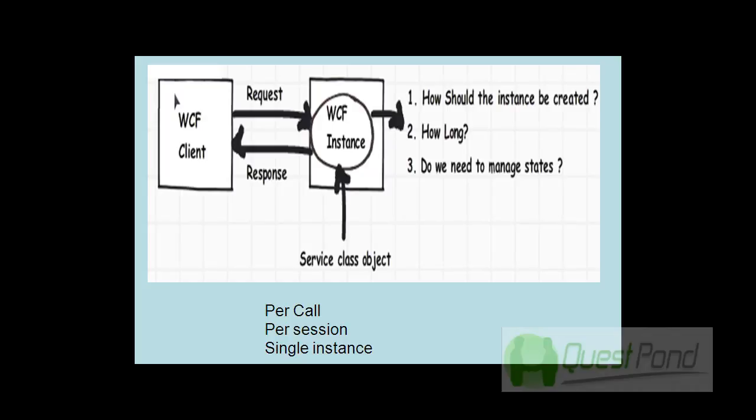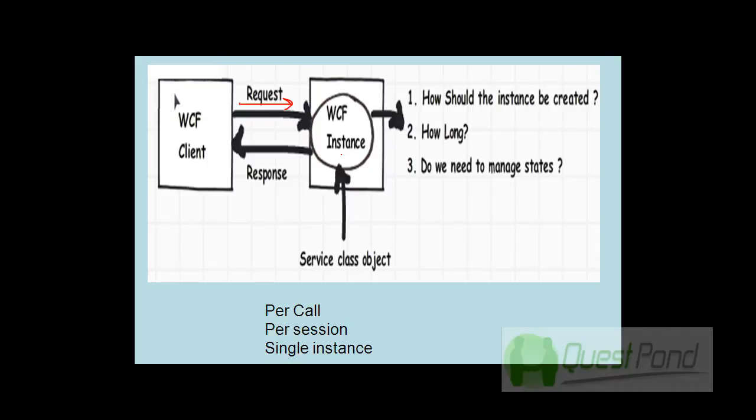Now in this video we'll try to understand what WCF instancing is. Before we go ahead, let's try to understand what happens when a WCF client sends a request to a WCF service. The WCF client sends a request, and on the WCF server an instance is created of your WCF class.